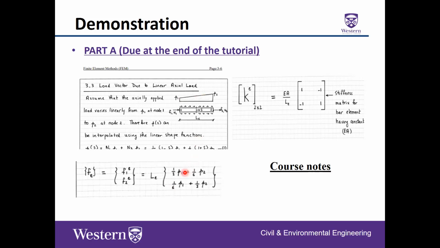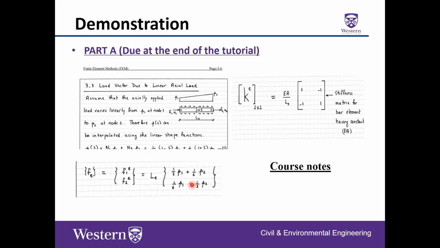If we put that in the equation, assuming P1 equals P2 equals P, then 1/3 of P, and 1/6 of P as well. Then it will be 2/6 plus 1/6, which is 3/6, which is 1/2, which is P/2. And the same for the other joint as well.